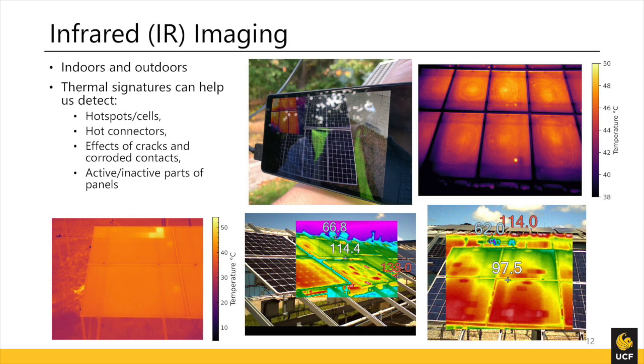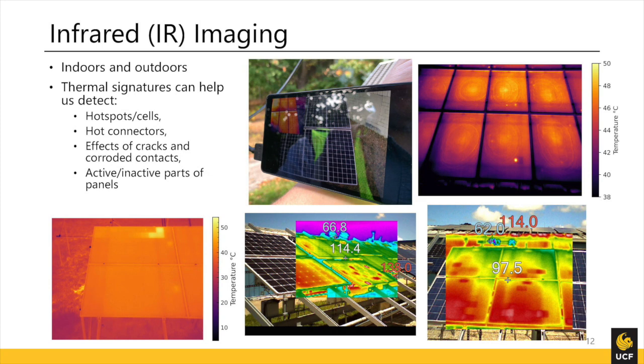That could be because of issues within the cell itself, in the bulk semiconductor, or it can be because metal's corroding. There might be a hot spot because there's one piece of that bus bar or ribbon that was soldered incorrectly. So now it's high resistance, high heat, going to damage the cell.